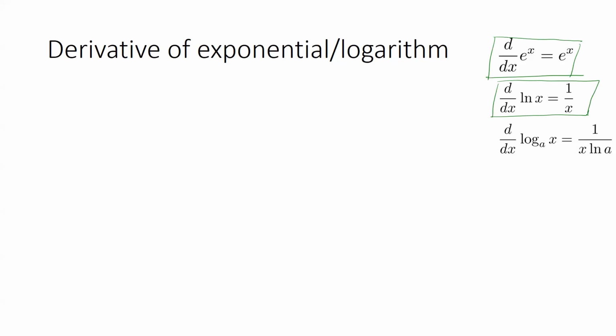Here it's a little bit more tricky to derive this from first principles, but basically the derivative of the exponential function is the exponential function again, and the derivative of the natural logarithm is 1 over x.